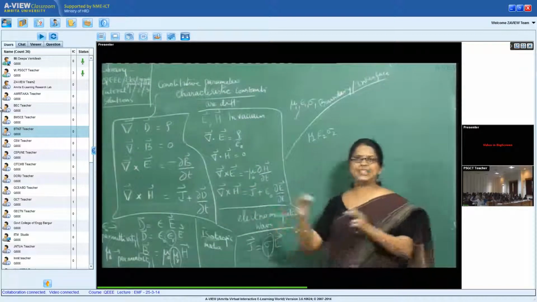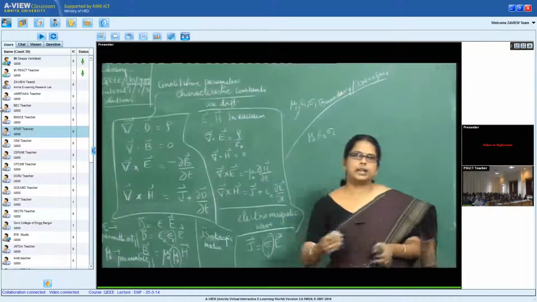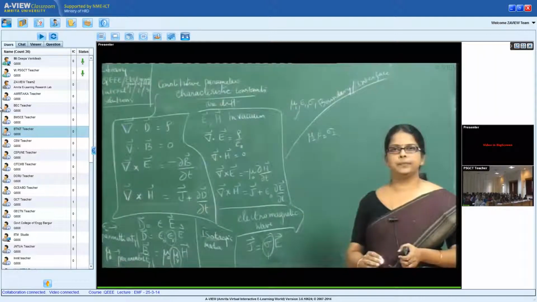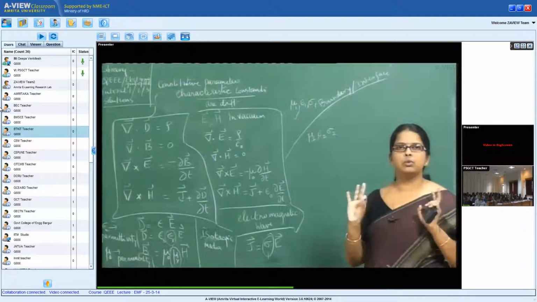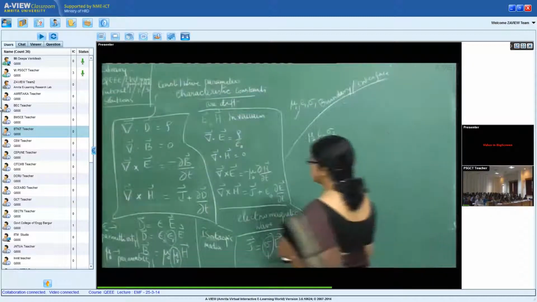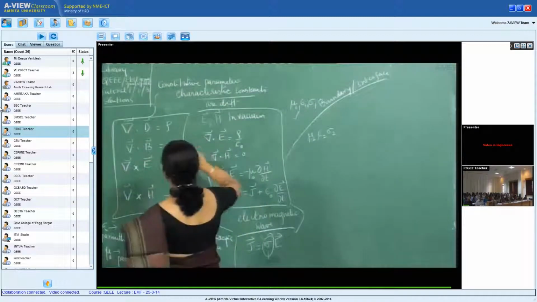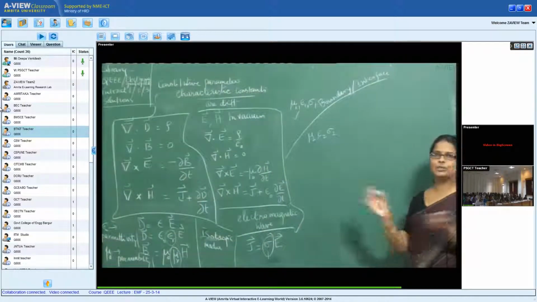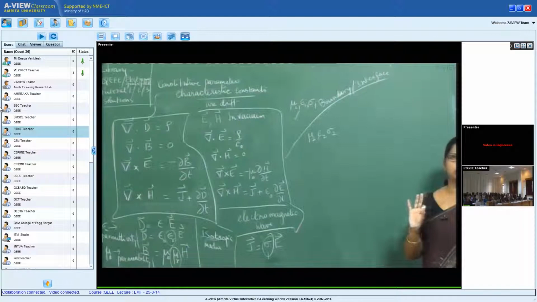So there is going to be a change in behavior of electric and magnetic field whenever there is a boundary. Now again Maxwell's equations are going to help us understand this, because Maxwell's equations are universally true, true everywhere.